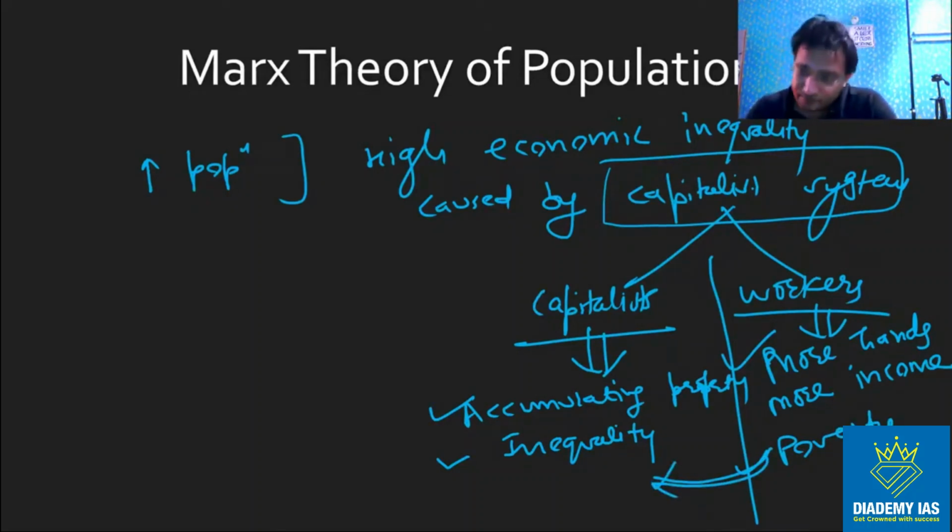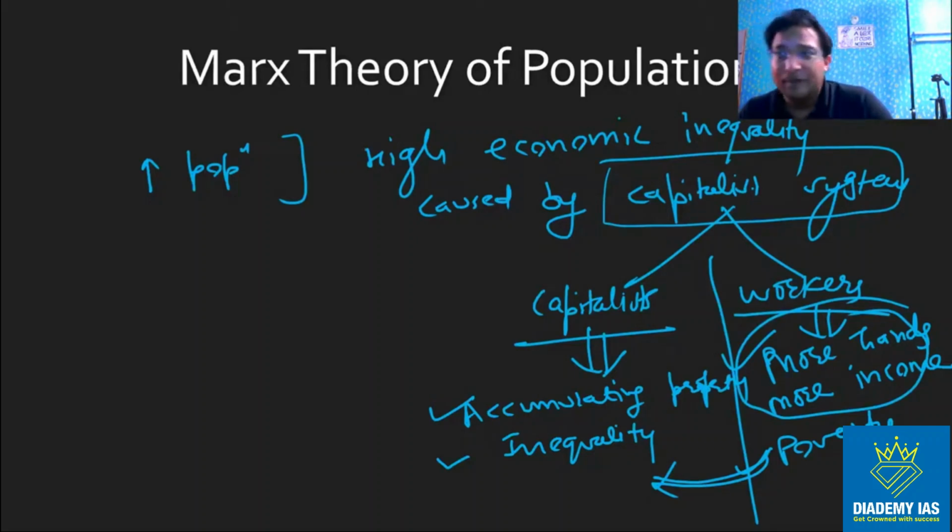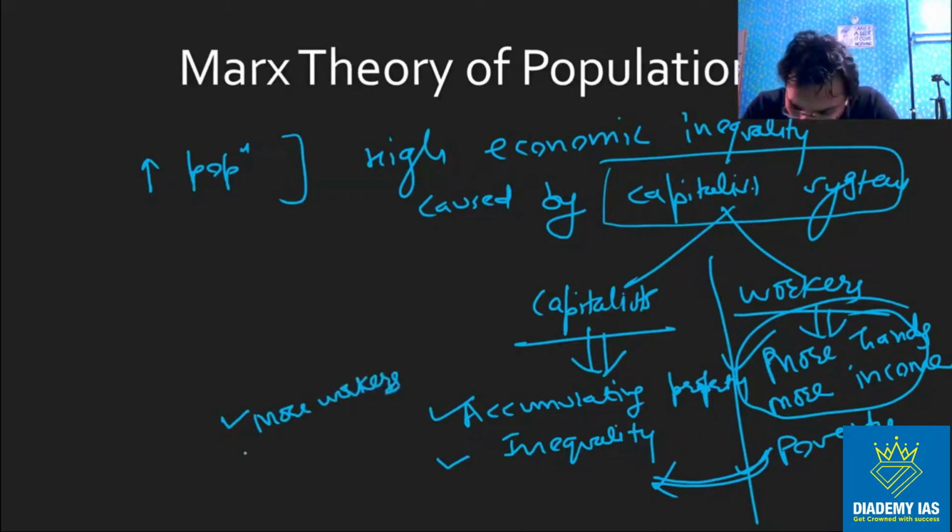And one more thing, because of more hands, more income, there is an increasing population of the poor people. When the poor population is increasing, from the point of view of the capitalist, more workers are available, right? When more workers are available, then the wage rates are lower.